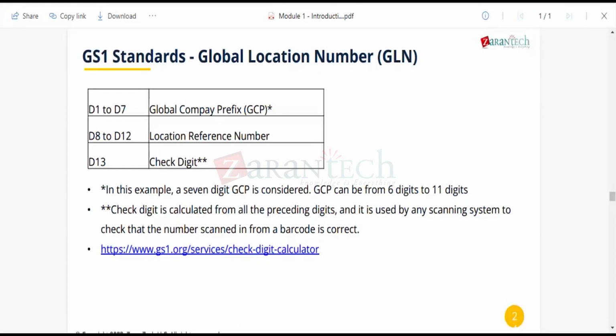So will the GLN be provided for every business partner, or how will this GLN be allocated? Yeah, for every business partner, let's say you have a vendor and you have a customer, and you have your own organization, you will have a global location number for all these three entities.